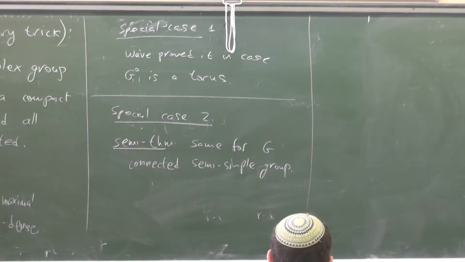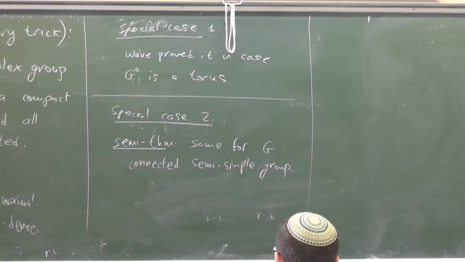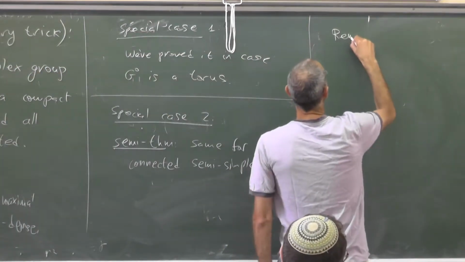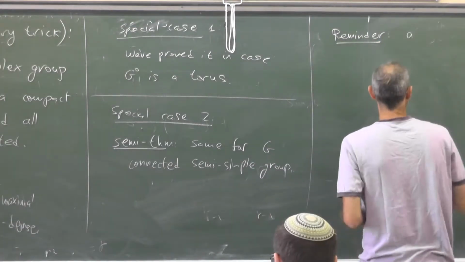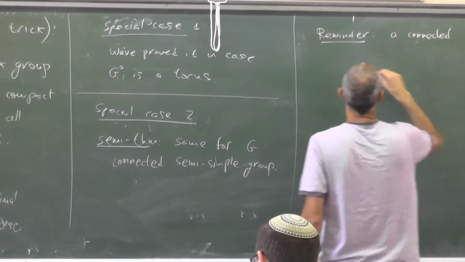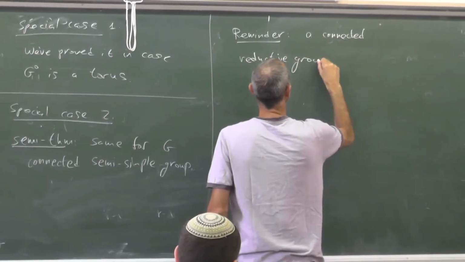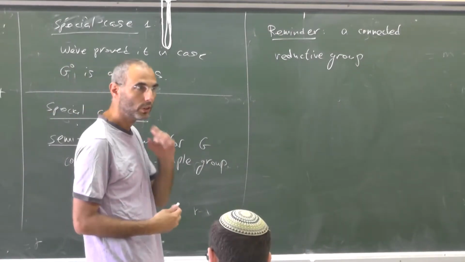What I'm about to show now, these two special cases give me a complete proof of the theorem. And this is not a surprise, of course. We know that, maybe, never mind. A connected reductive group is actually a torus extension of a semi-simple.